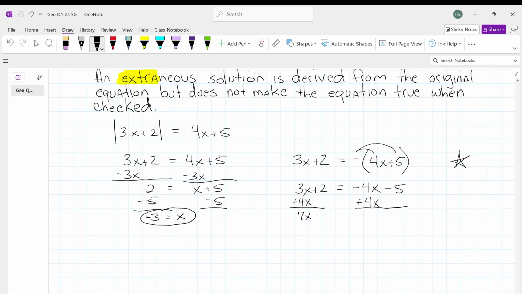And 7x plus 2 is equal to -5. Subtract 2 from each side. So 7x is equal to -7. Divide both sides by 7. And we get x equal to -1.